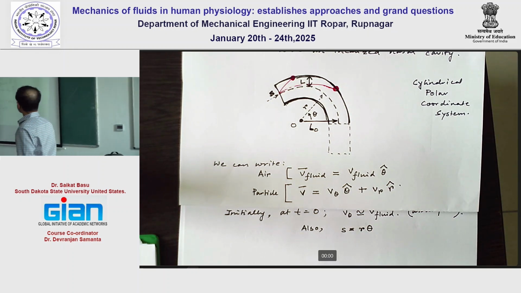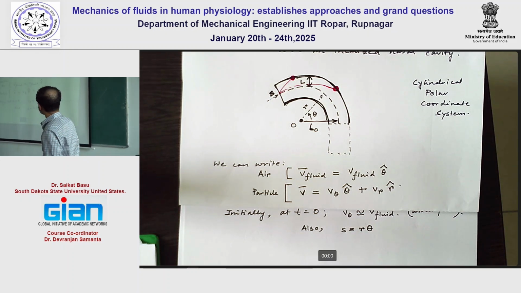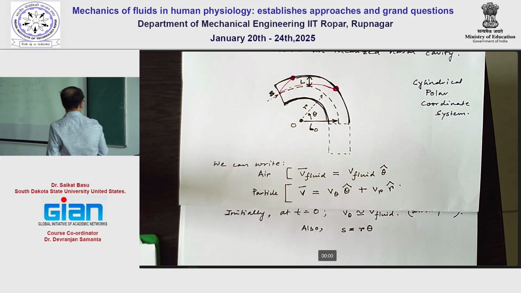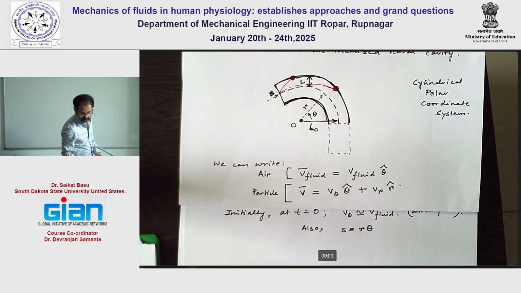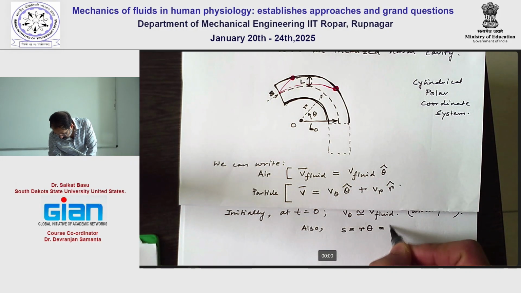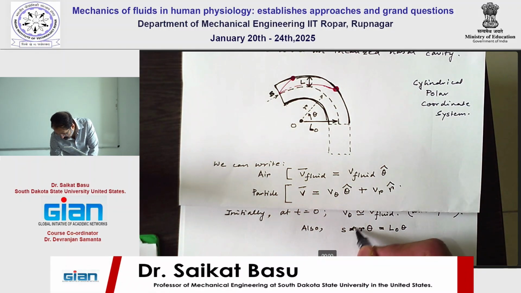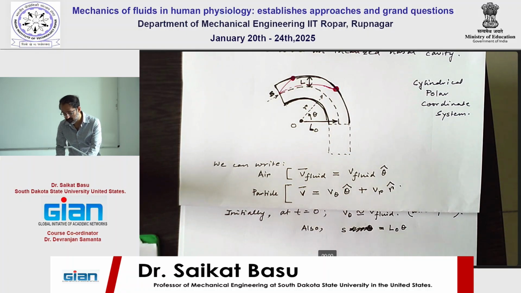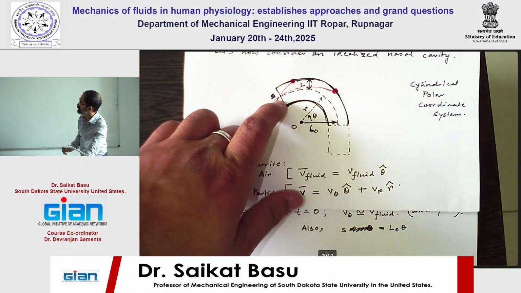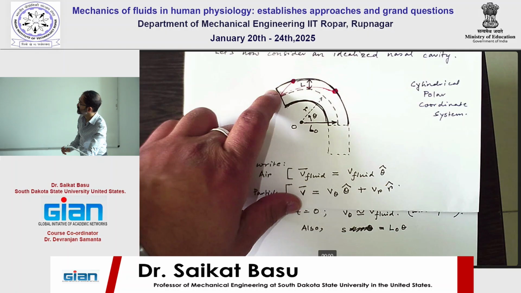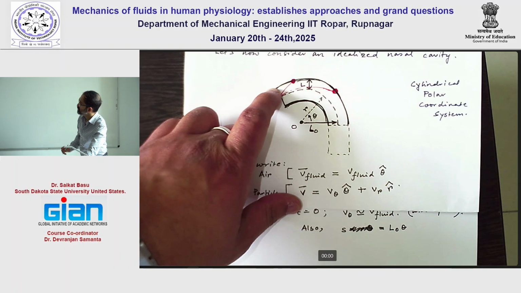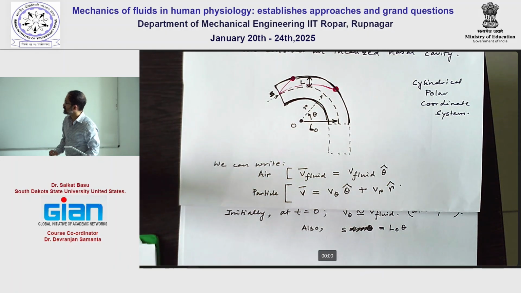So S is R theta, but if we are rather tracking just the central part, we can also write S is equal to L naught theta, because that's how we are determining S. We are not determining S from any random point. It is from the center of this inlet. So S is always going to be L naught theta.